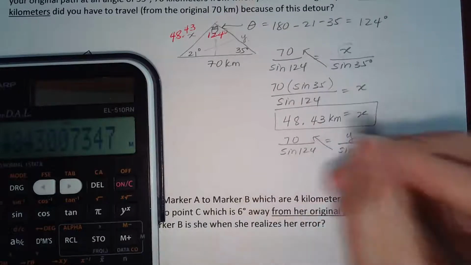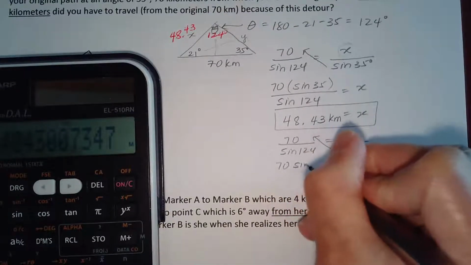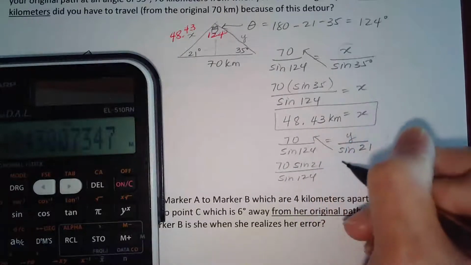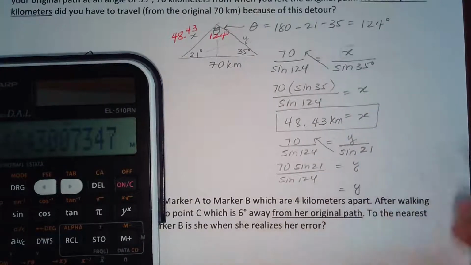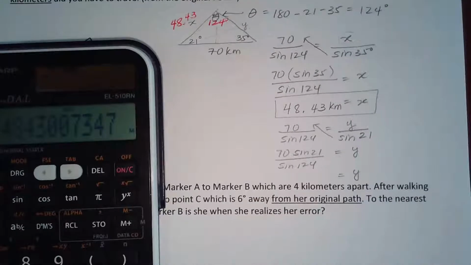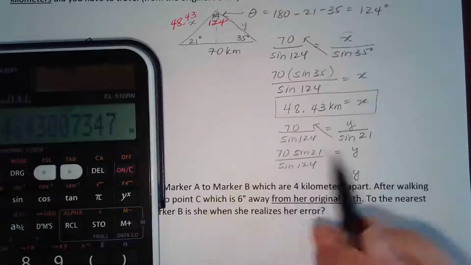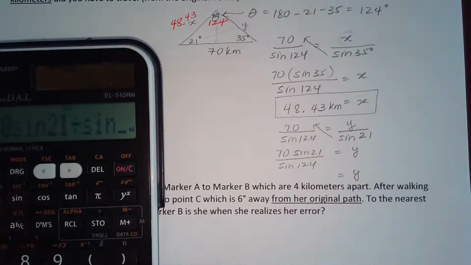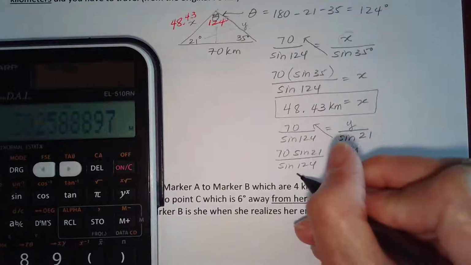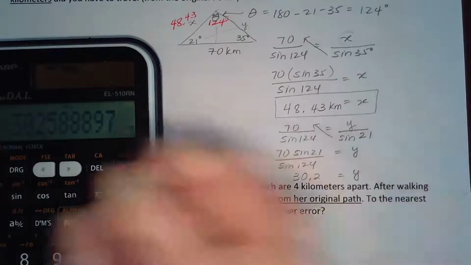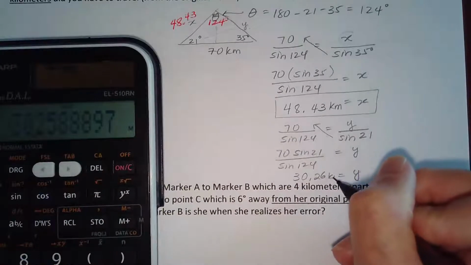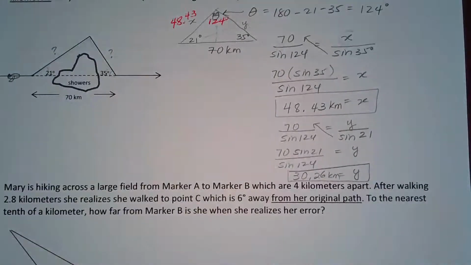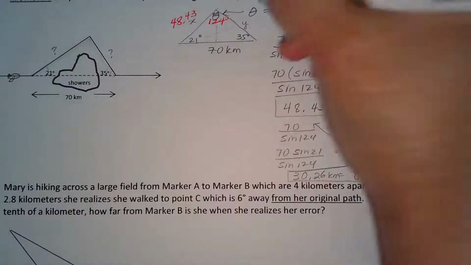Again, cross multiply, so 70 sine of 21 over sine of 124 equals Y. Now the Y is isolated, it's alone. So let's figure this out. And I got 30.26, rounded up.